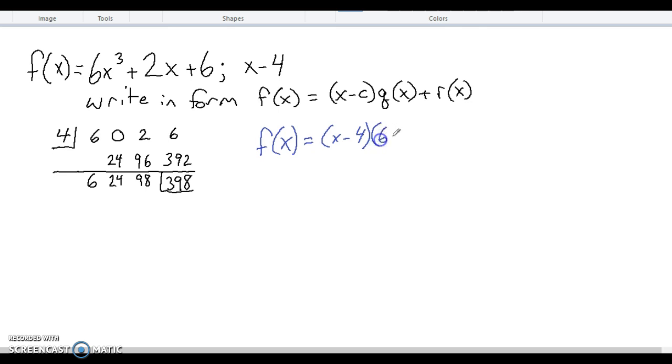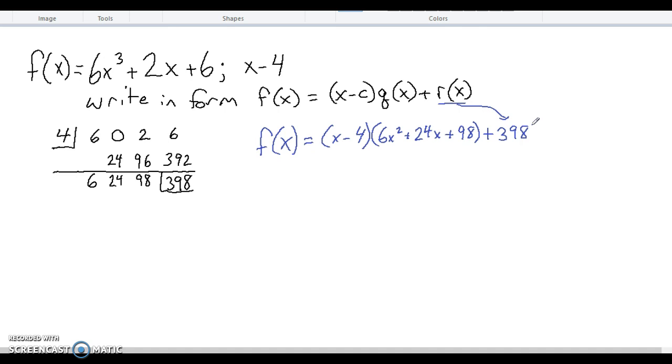So we have 6x squared plus 24x plus 98. And then I have to add in r. And r of x, we determined, was 398. And that finishes off the problem that we were given.